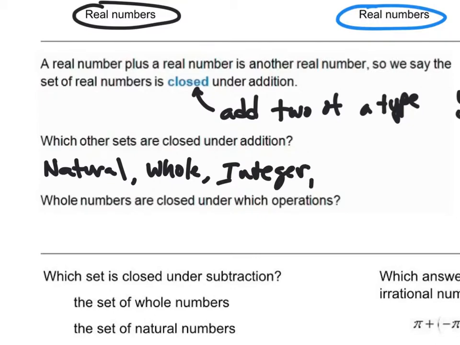What else? Rational numbers? We know real numbers are. Natural, whole, integer. Let's just say that for now.